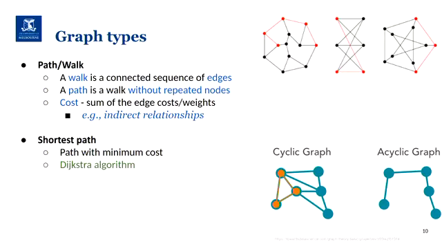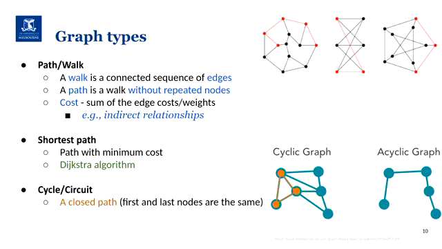And there are different algorithms to do that. The most famous one is the Dijkstra algorithm, which is related to the breadth first search algorithm, which we'll see today. Okay? And that's quite important for routing as well. And a closed path will be then a cycle or a circuit in a graph, so the first and the last nodes in a path are the same.